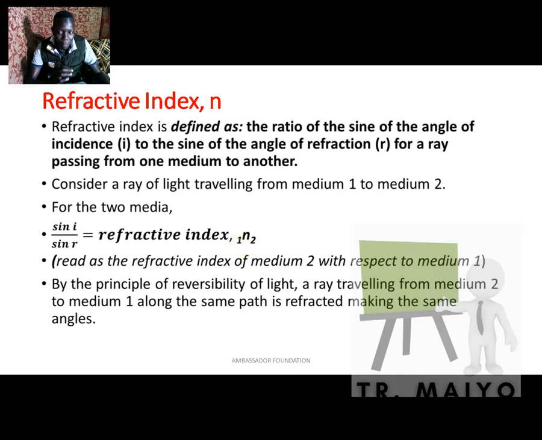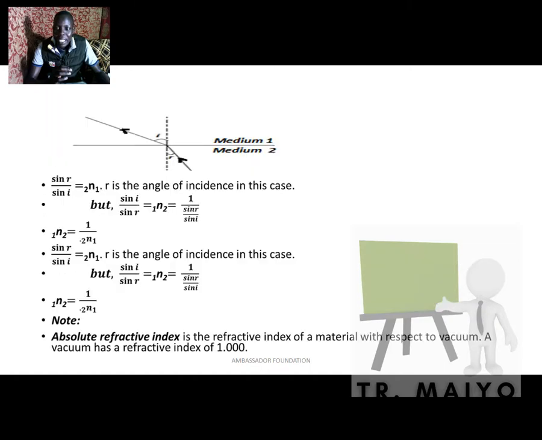That is my point. Even if the light is reversed back, it will follow the same path. We call it the principle of reversibility of light. A ray traveling from medium 2 to medium 1 along the same path is refracted, making the same angles. The principle of reversibility of light. Now, let's dwell here for some few minutes.